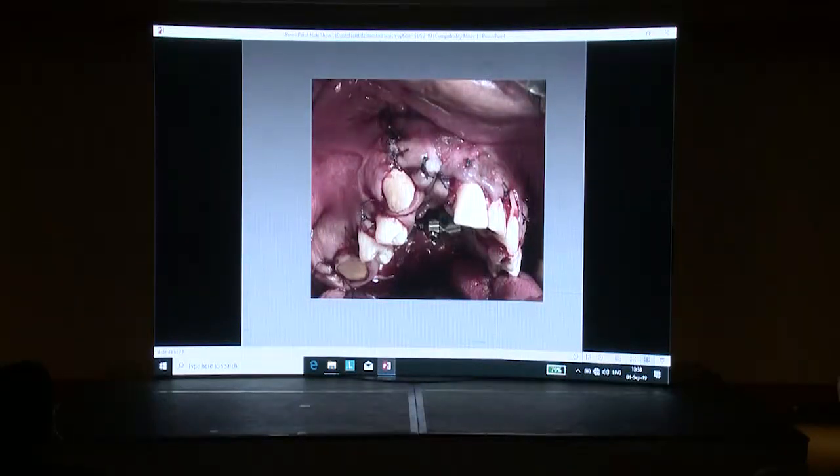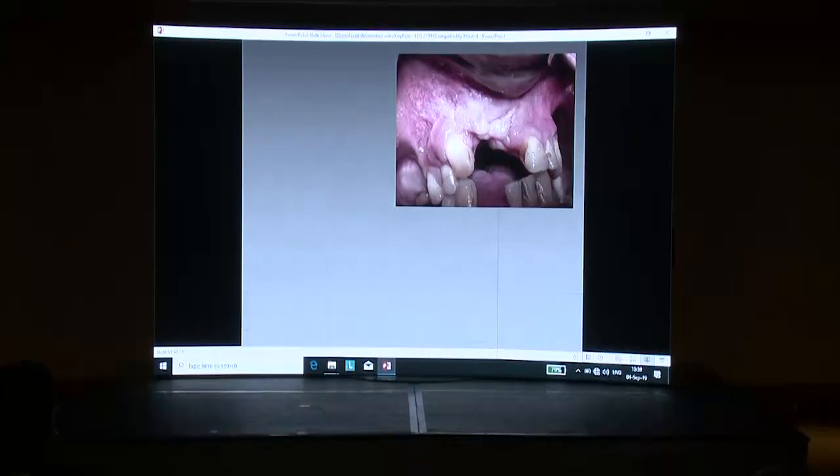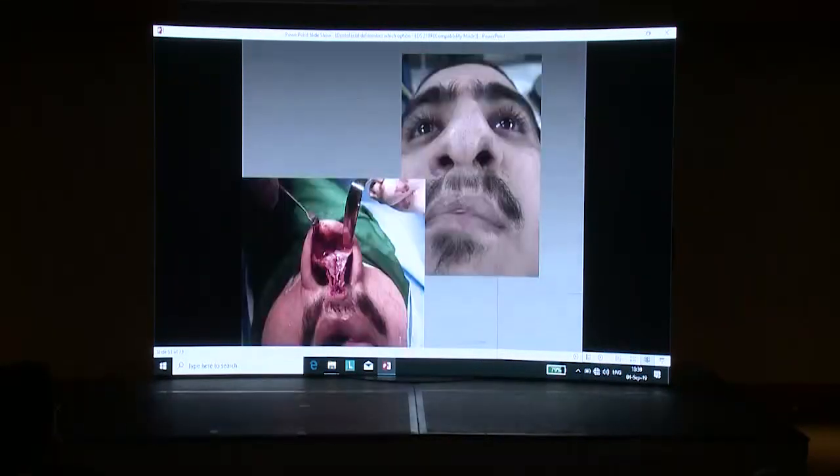Yeah, we close the defect, and we just try to distract to expand the maxilla. Yeah, please, next. Yeah, here, after distraction, we put bone graft. Next, please. And then we go, next, please. We go to do also the nose after finishing the alveolar bone.